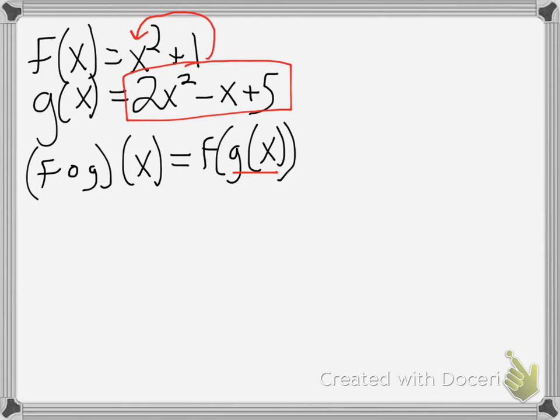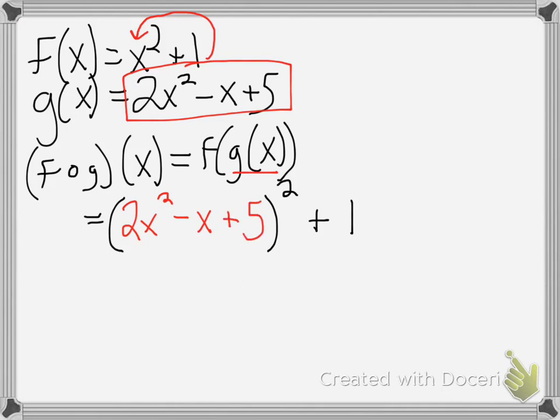Function f starts with an x, so I'm immediately going to open up a parentheses. I'm going to put the square. I'm going to put the plus 1. That was function f. Inside the parentheses, I'm going to put in function g, so it becomes 2x squared minus x plus 5.